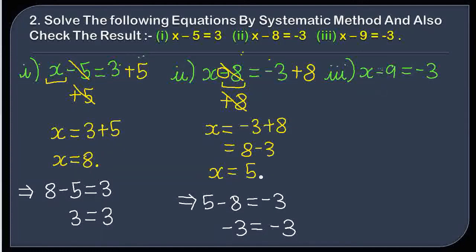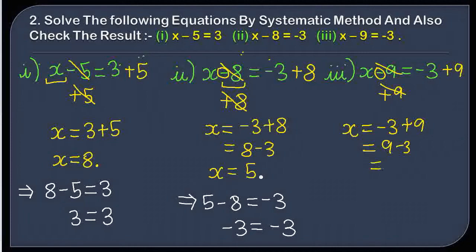As the inverse operation of minus is plus, we are going to add 9 to both sides. Here plus 9 and minus 9 get cancelled out. We get x is equal to minus 3 plus 9, or 9 minus 3, that is 6. So x equals 6.